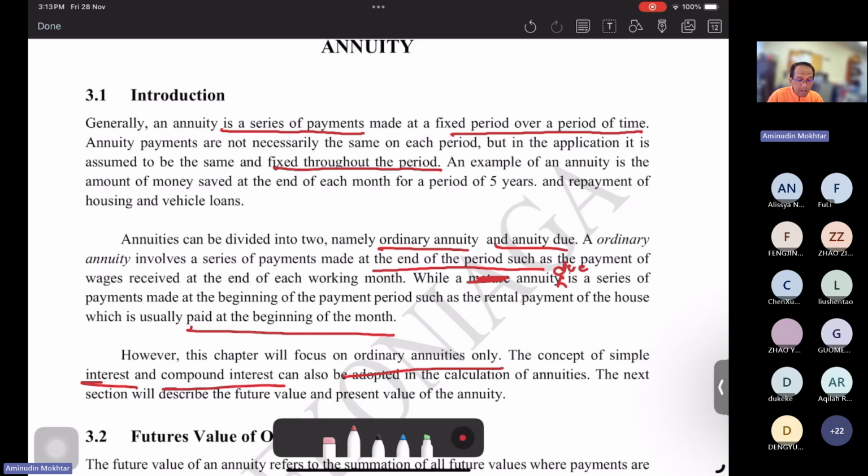The fixed amount that you have to pay or will receive is subject to whether it is a loan or investment and so on. So in this class, basically there is a link between the compound interest and annuity.